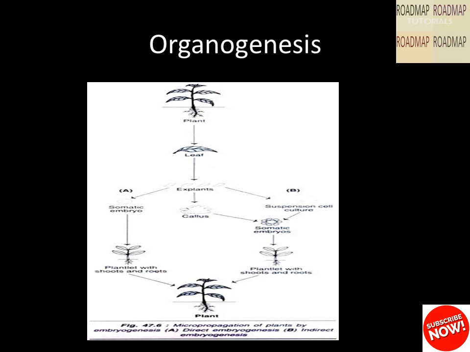Then the low auxin and high cytokinin ratio will help to promote shoot organogenesis from callus, and also the high auxin and low cytokinin concentration helps in root formation. So depending upon the nature of the plant, in organogenesis the growth regulators are used in different stages. For the callus formation, we take a low auxin and low cytokinin ratio.